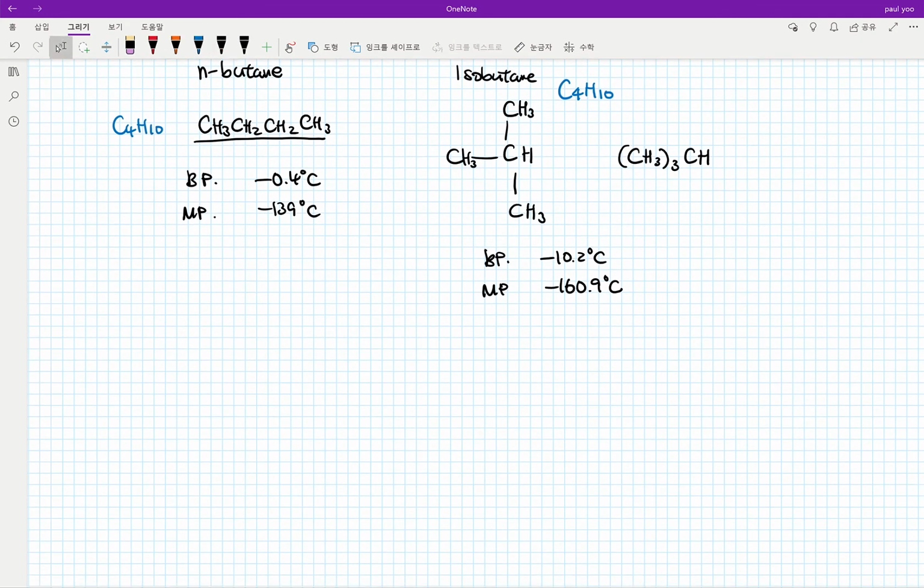Bonding in N-butane and isobutane continues the theme begun with methane, ethane, and propane. All the carbons here are sp3 hybridized, and all bonds are sigma bonds.